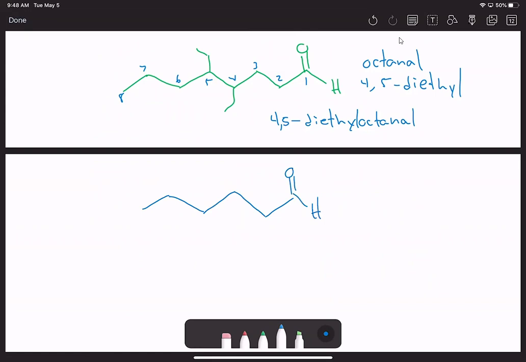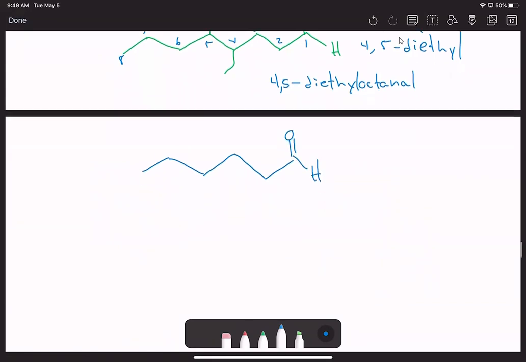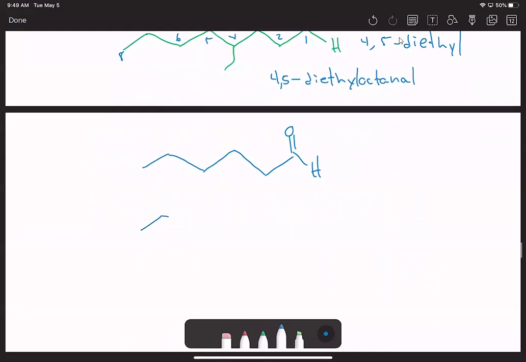So here's my aldehyde, and I'm going to draw the same thing just down below here. All right, carbon number 1, carbon number 1. I'll just number them 2, 3, 4, 5, 6. So this is hexanal.